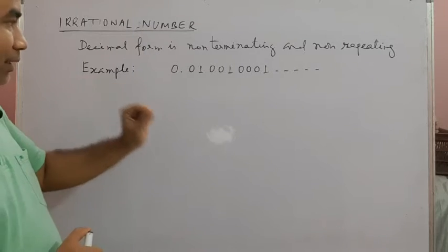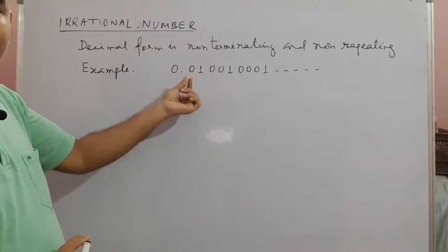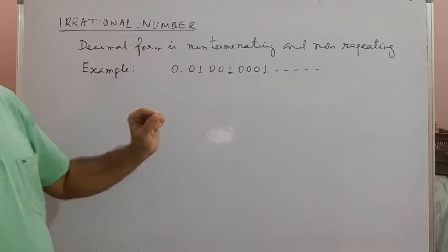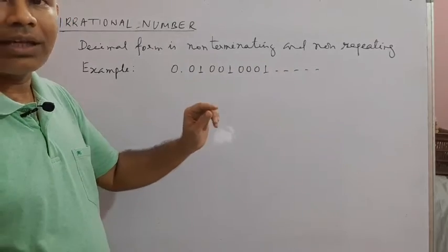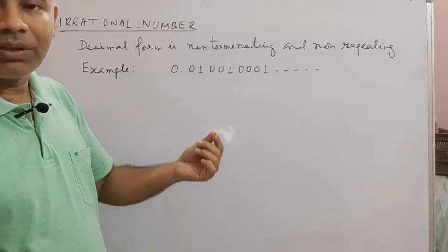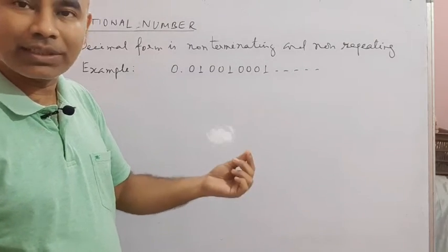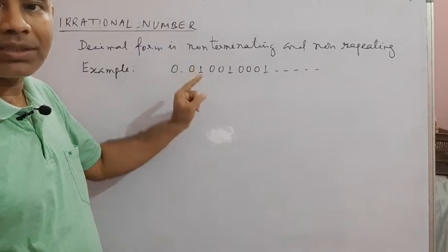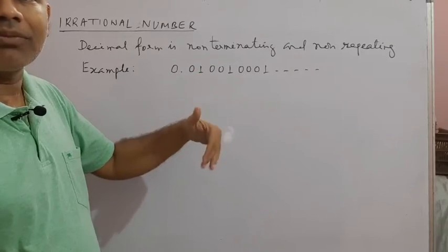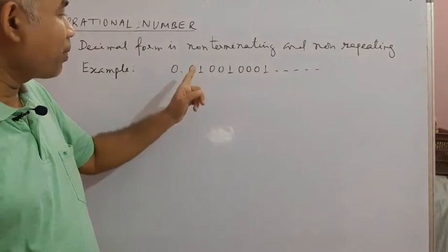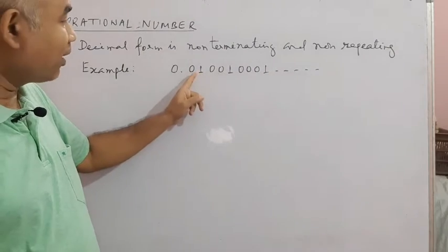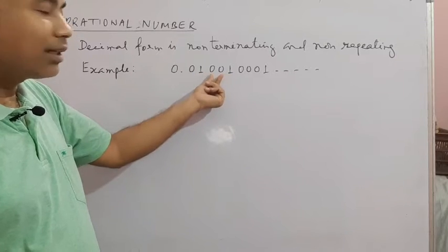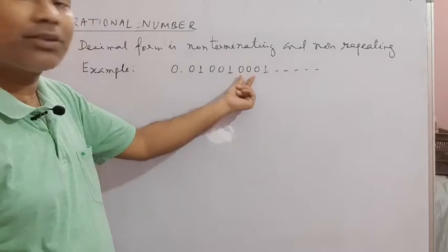Now you may have a question: why is it non-repeating, because the same digits are repeatedly used? See, repetition does not mean you are using the digit more than once. Repetition means the digit must repeat after a regular interval, that is, after a regular number of digits. Here, between the first two 1s, there is 1 zero; between the next two 1s, 2 zeros; then 3 zeros. So the gap between consecutive 1s is not the same. Likewise, 1 zero is repeating, then 2 zeros, then 3 zeros.